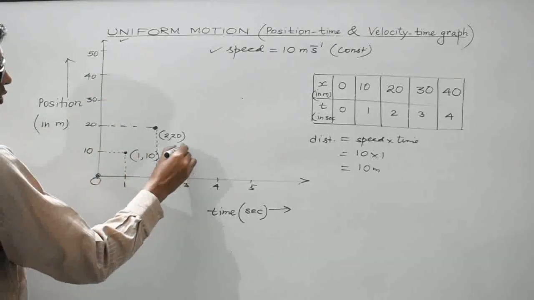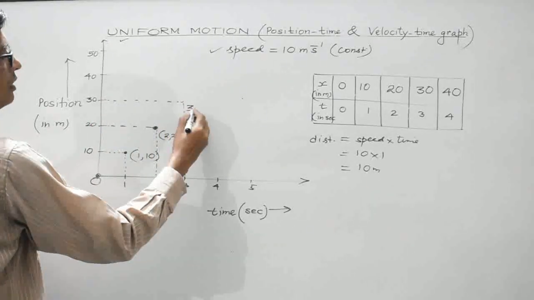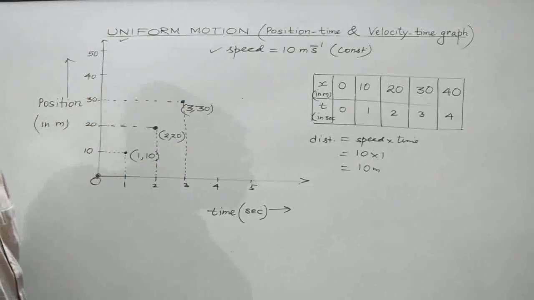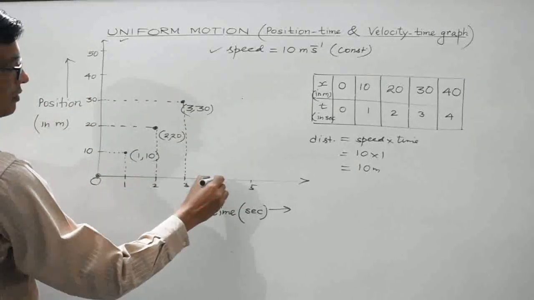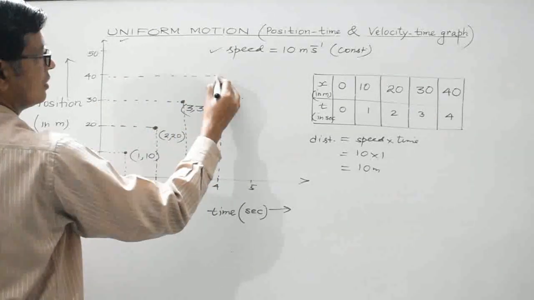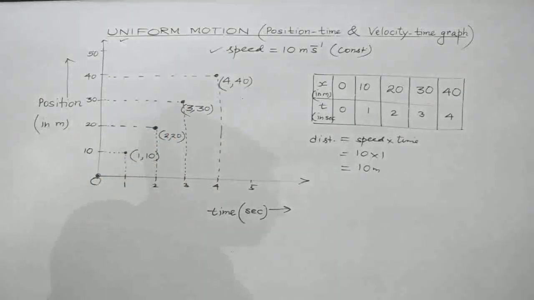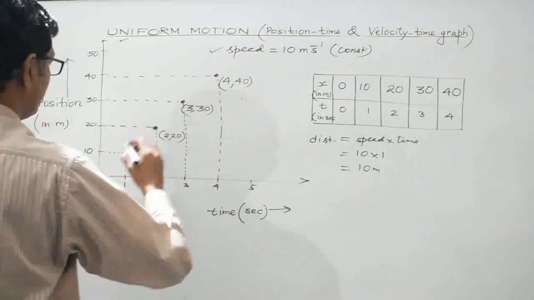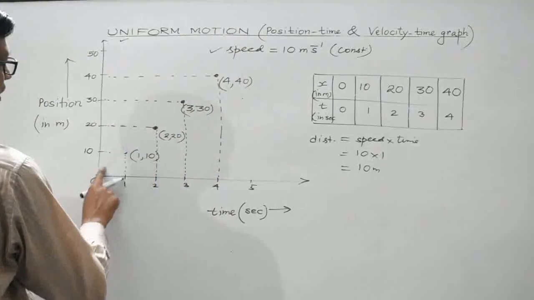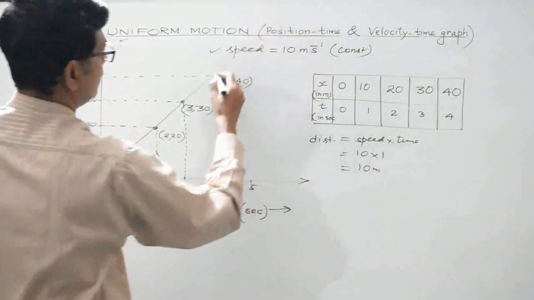So draw a perpendicular over here and over here. They will intersect at this point. This will be 3, 30. This is the point. Encircle it. Then 4, 40. This is 4 and over here it will be 40. This is 4, 40. These are the abscissa and ordinate. Now if you join these points, obviously it would be a straight line. All these points will lie on a straight line like this.